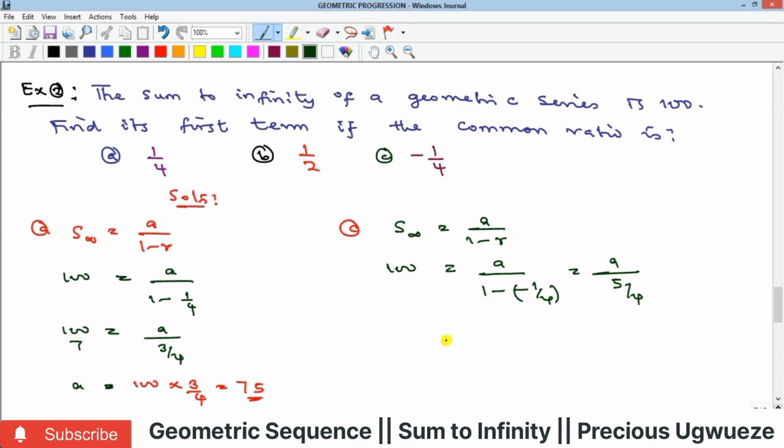And so if you cross multiply this time, it means that our A alone is going to be equal to, remember this is over 1, 100 multiplying this, and that is going to give you 125 as the value of our A. I left the B for you as an exercise.